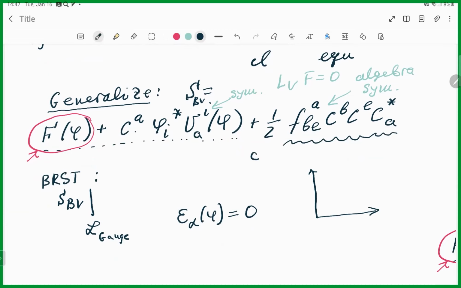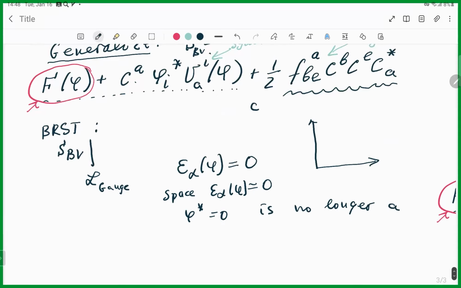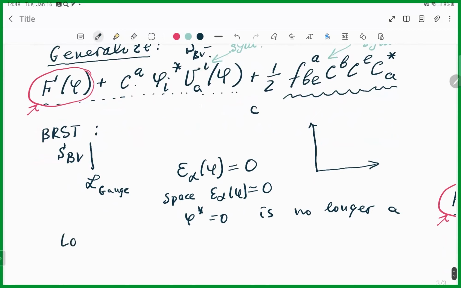So here is a picture. If I impose some condition E alpha of phi equal to 0, this space is no longer a Lagrange submanifold.